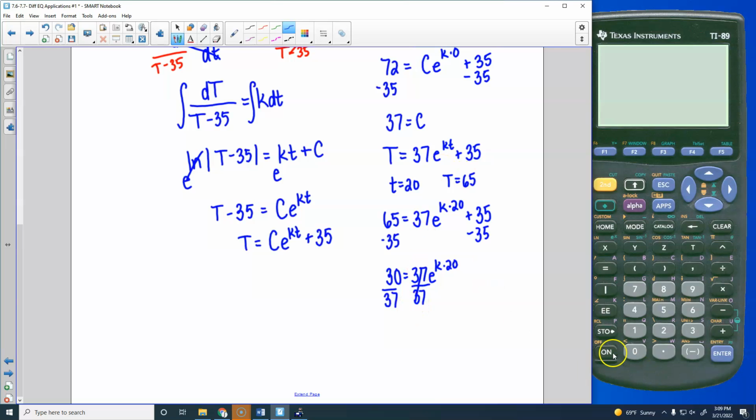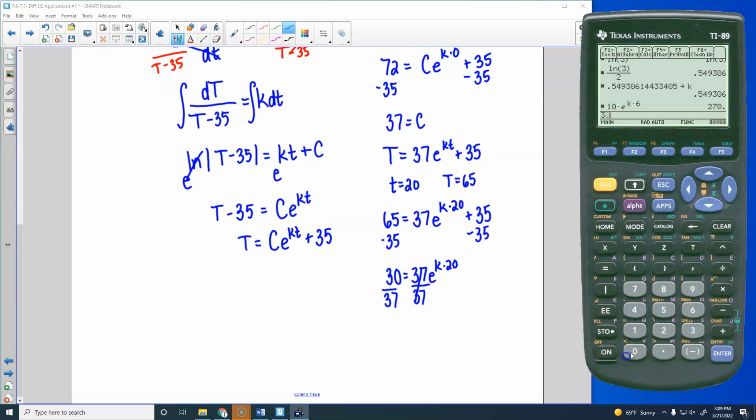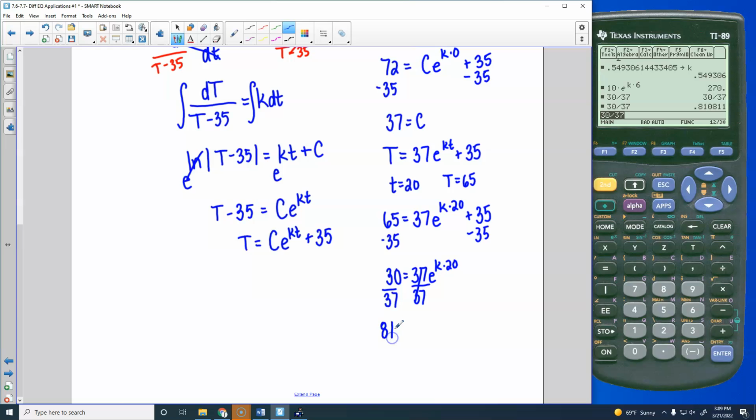So 30 divided by 37. We're going to run out of time. Thank you, calculator, for that help. 0.8108. You can pack up if you want, but keep watching just to see. We'll do natural log on both sides.